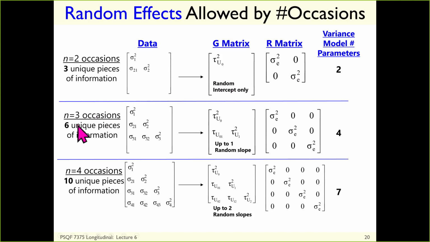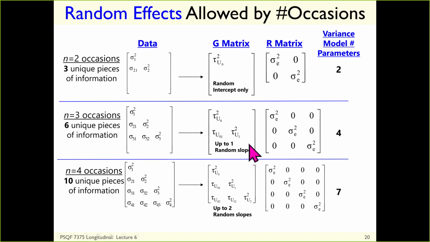I'd be saying that the only source of variance is between person slopes and that there's no residual, and that's unrealistic. If I have 3 occasions, now I have 3 variances going in, I've got 3 covariances going in. I can try to represent that with a random intercept in G, 1 random slope related to time, and its covariance. I spend 3 parameters there, and if I have a diagonal R matrix, E variance is the same in each occasion, that's 4.